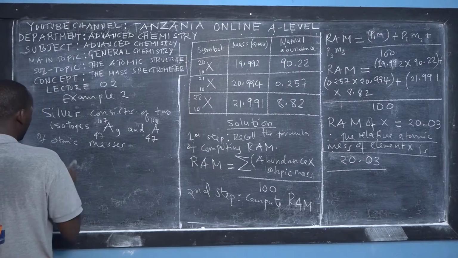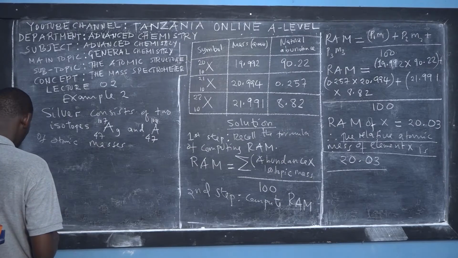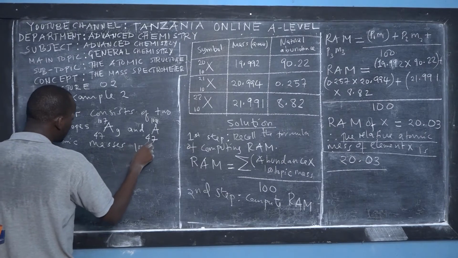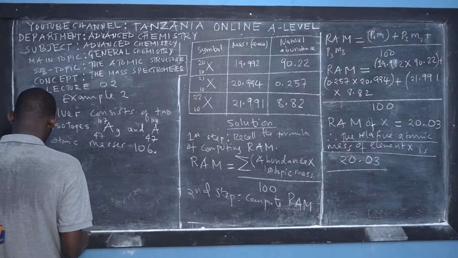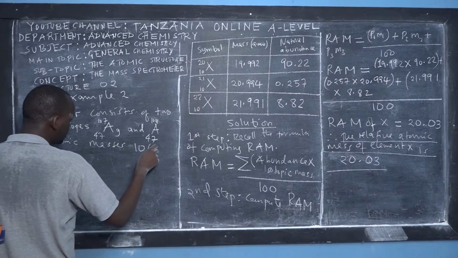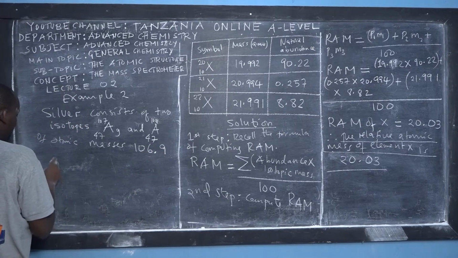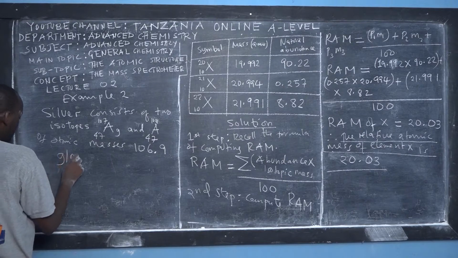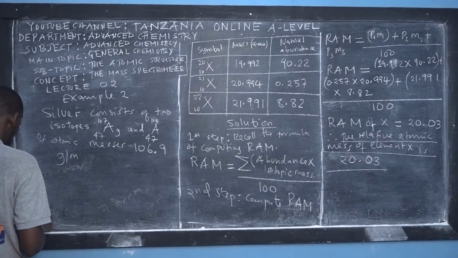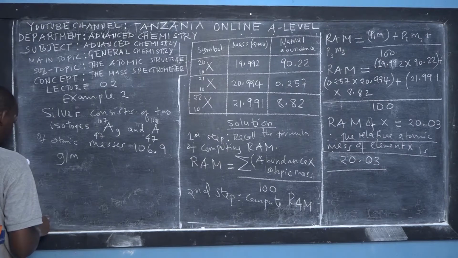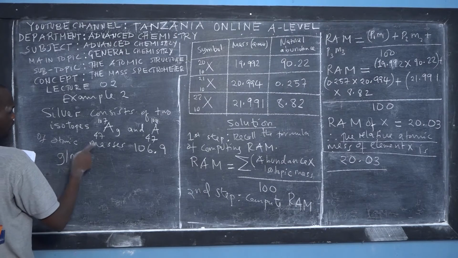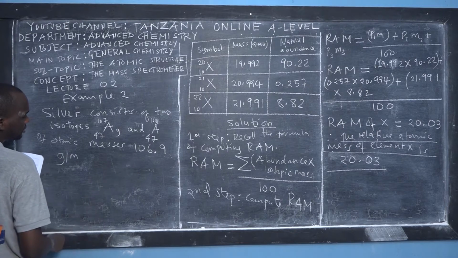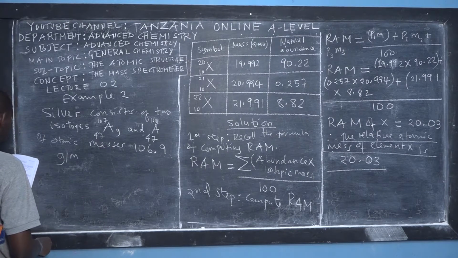Okay, so atomic masses 106.9 gram per mole.